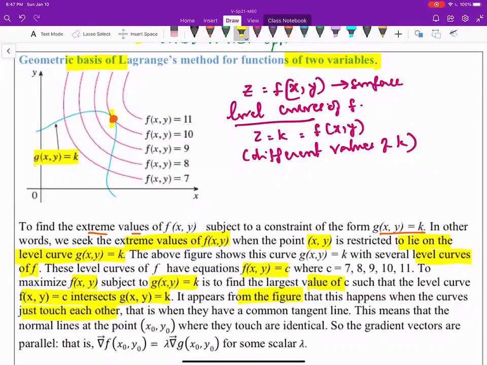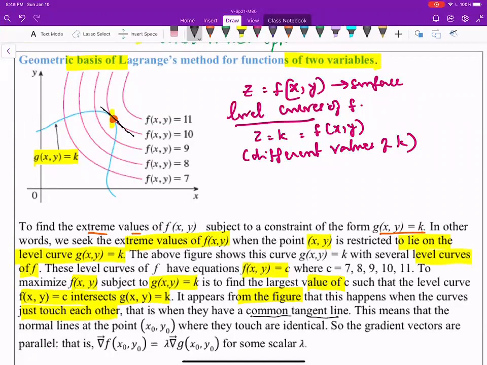So at this point, wherever the level curve of f of x, y and the curve g of x, y equal to k touch, there is a common tangent line. If they have a common tangent, they should have the same normal.